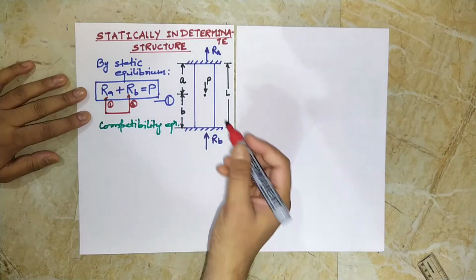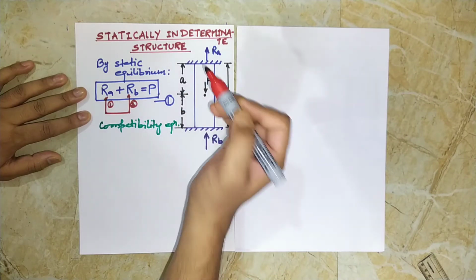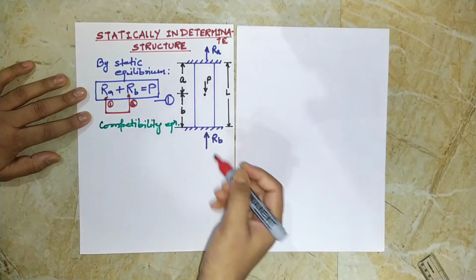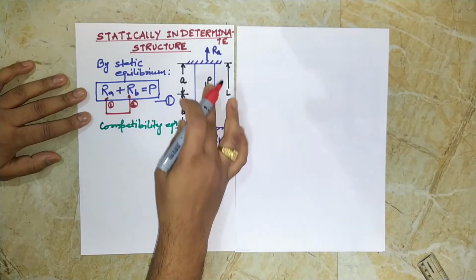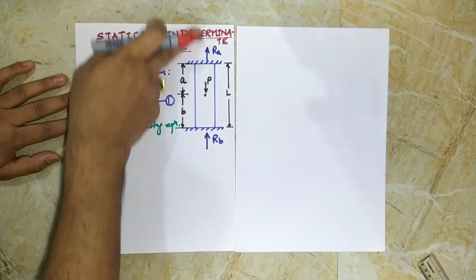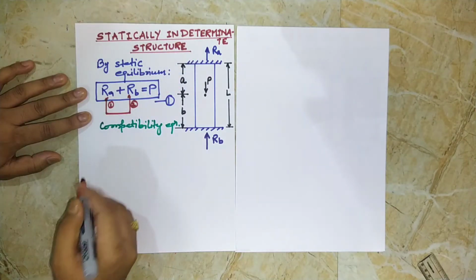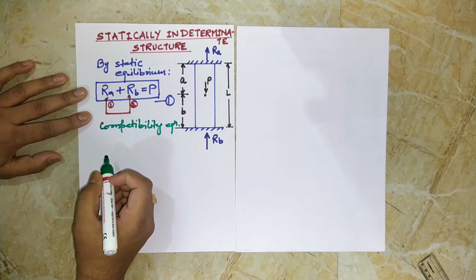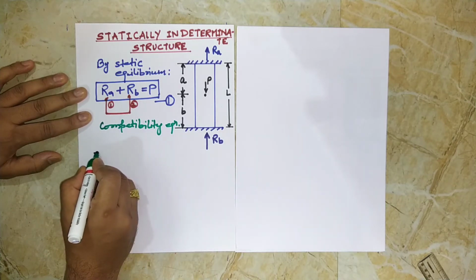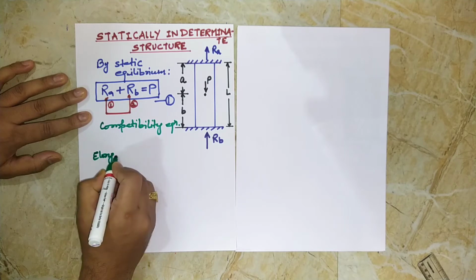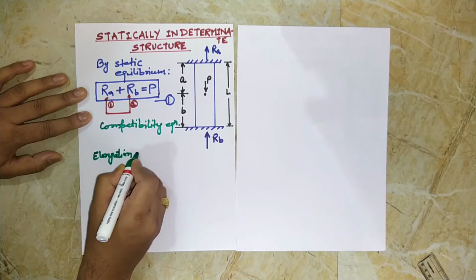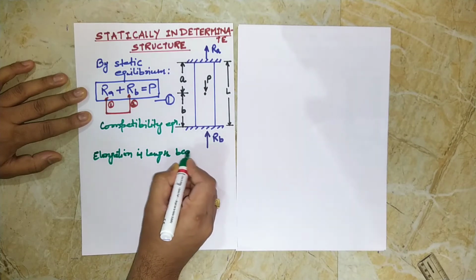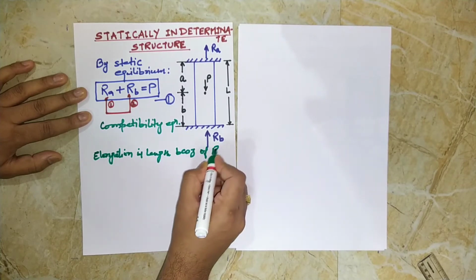Here, if we remove the support on the top, we see that it is fixed at the bottom and we are pulling it using a force RA. So we write down: elongation in length because of RA.